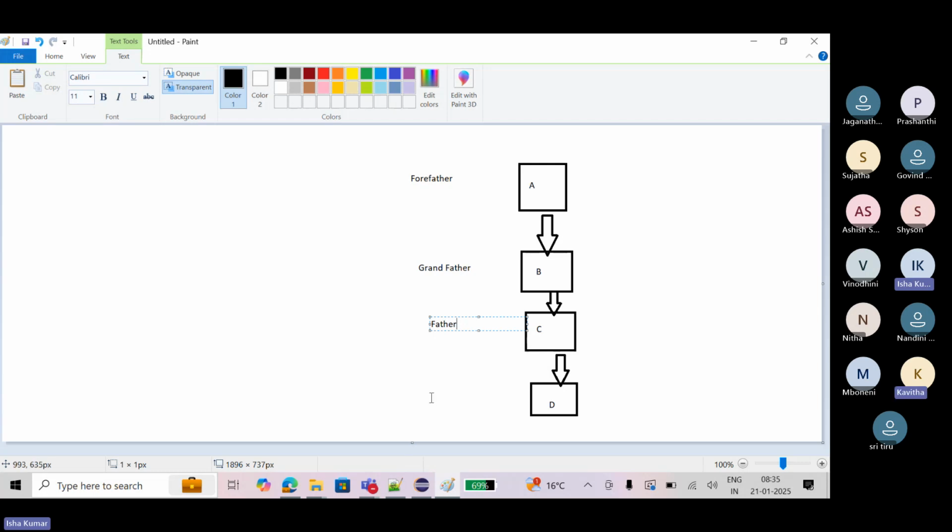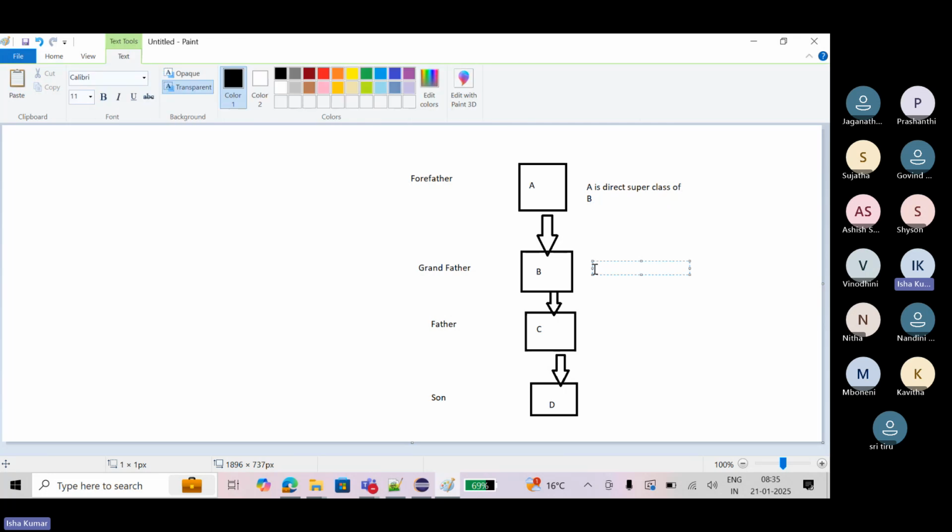And this is son, child. Now A is a forefather. So first see the relation. A is a direct superclass of B or not? Yes, A is a direct superclass of B.